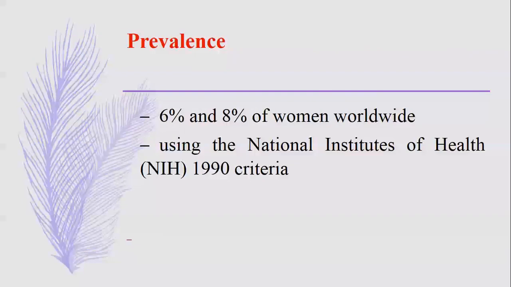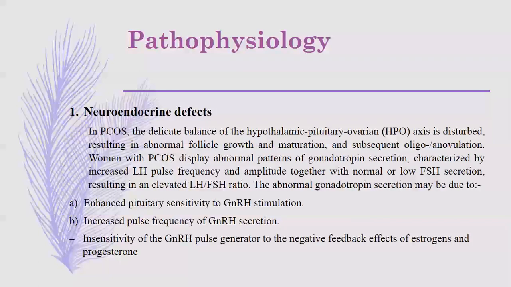The prevalence is 6 to 8% worldwide, and this is based on the National Institutes of Health criteria, not the Rotterdam criteria. This prevalence is very low for our society; in our society, we have a higher number than that.